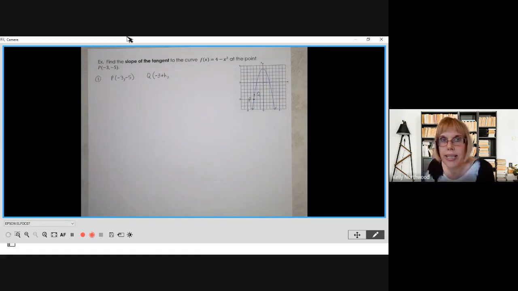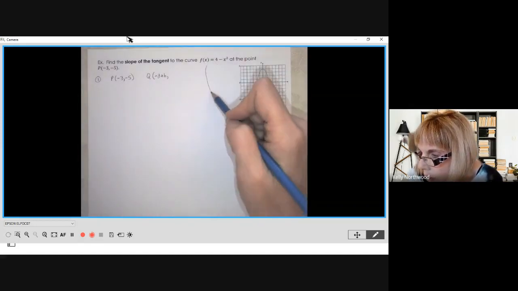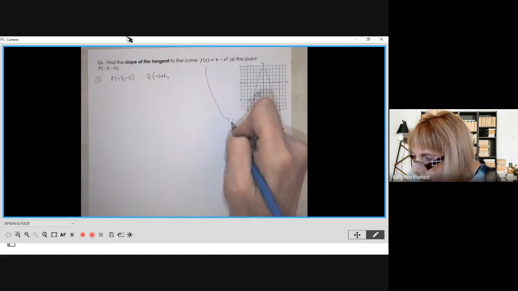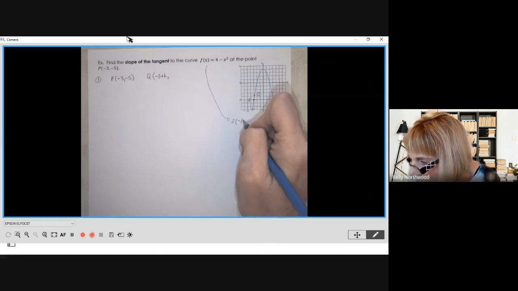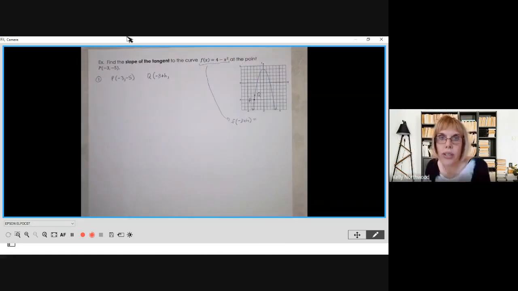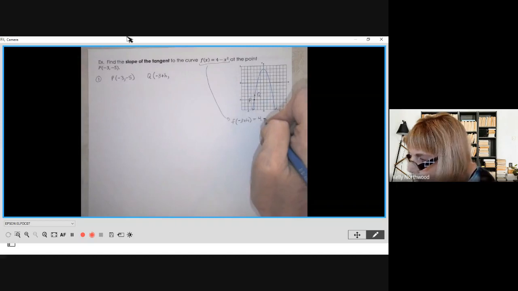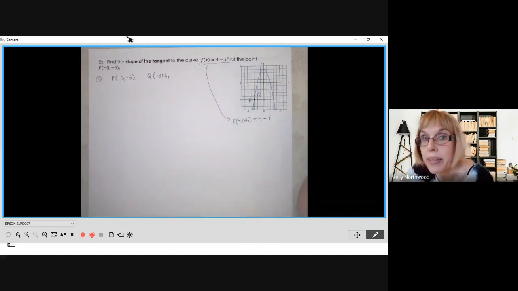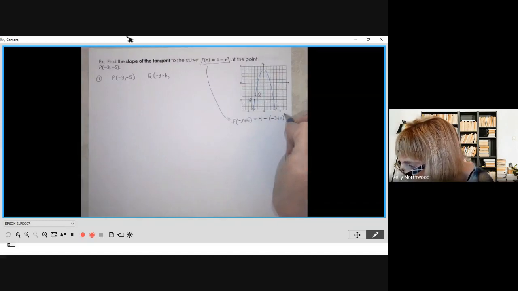So then we want to find the y value that goes with x being -3 plus h. That's where we're going to find f at -3 plus h by using our function definition there. So f at -3 plus h for us is going to be 4 minus, here we do definitely need brackets, (-3 plus h) squared.